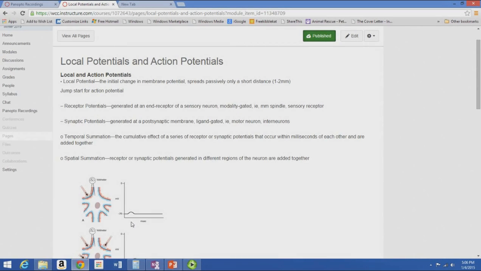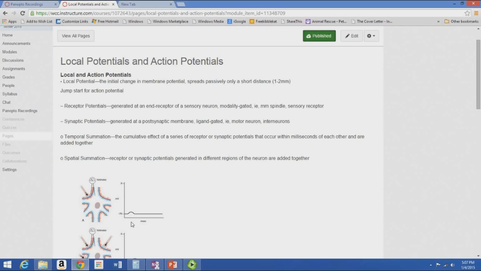So the receptor potentials are generated at an end receptor of a sensory neuron, like a muscle spindle or a Merkel disc, or the ends of those sensory neurons that are out there in the periphery. So the stimulus is a modality like pressure or heat or cold, and that generates that receptor potential.